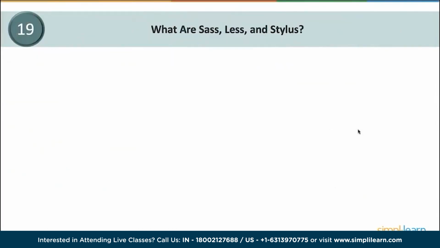Followed by the next question: what are Sass, Less and Stylus? Friends, these are advanced levels of CSS used in the industry. Sass stands for Syntactically Awesome Style Sheets. We also have similar options like Less and many more.